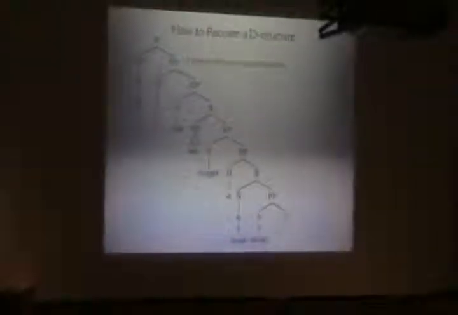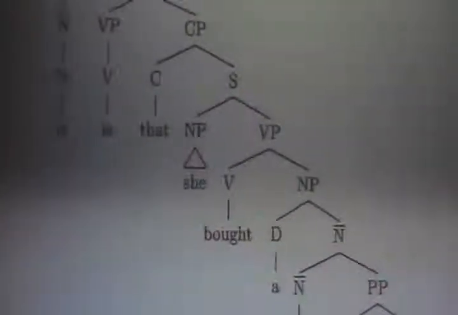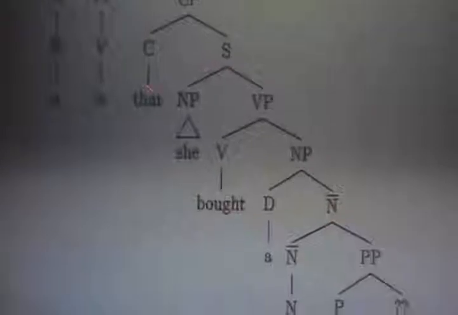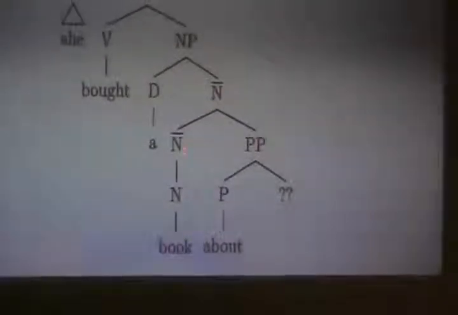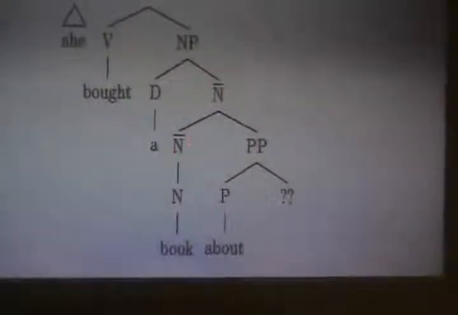If we did that, this complementizer phrase starts with a complementizer. There's a sentence after that. Every complementizer phrase does that. Then this sentence starts with a noun phrase that has she in it. There's a verb phrase that starts with bought. Following that, this stuff is a noun phrase that starts with a determiner. There's an n-bar here, book, which makes an n-bar.